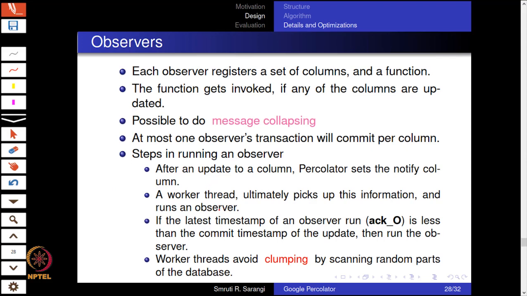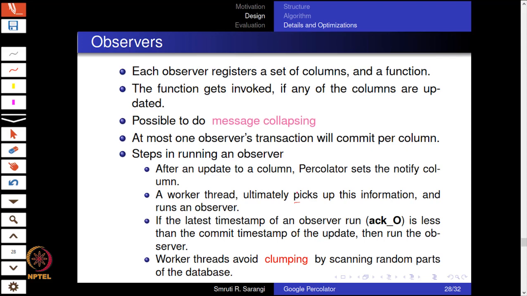The way this works is that the worker thread ultimately picks up this information and runs the observer. If the latest timestamp of an observer, ACK-O, is less than the commit timestamp of the update, then it means that we need to run the observer because it would not have seen the update.